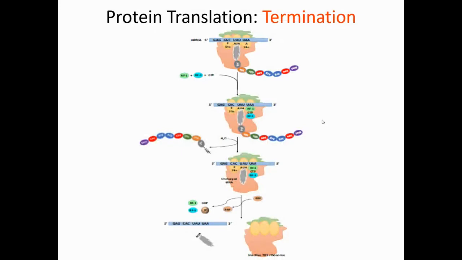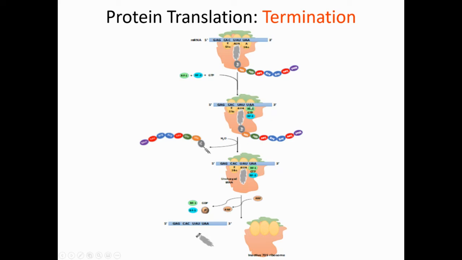And then the termination. Termination is signaled by one of the three nonsense or termination codons, which are not charged with an amino acid. Once the ribosome comes to these termination codons, we have the release factors, which bind to the stop codon.